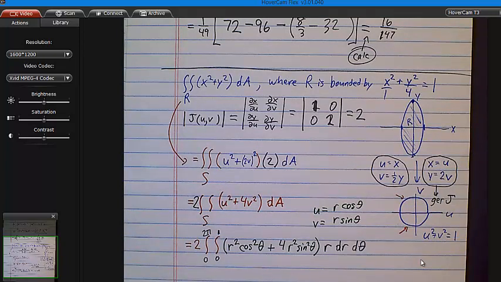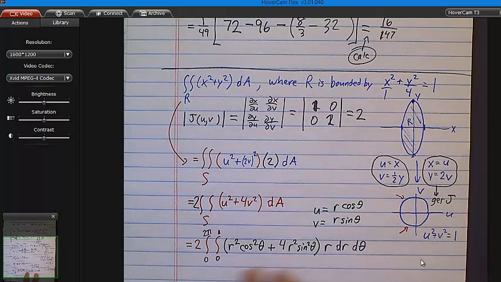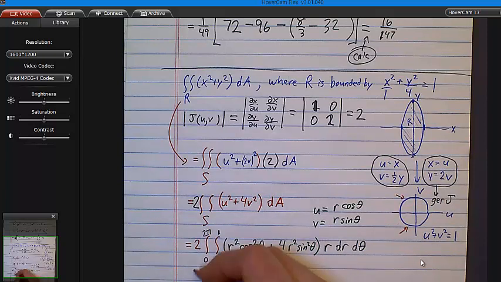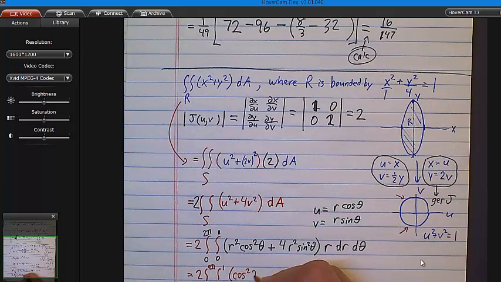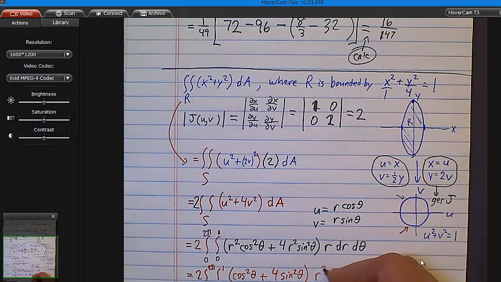Okay, so if it were me, I would factor out the r squared, so it's just r cubed, right? 2 integral 0 to 2 pi, integral 0 to 1. And so here I have cosine squared theta plus 4 sine squared theta. And so I have r cubed dr d theta.